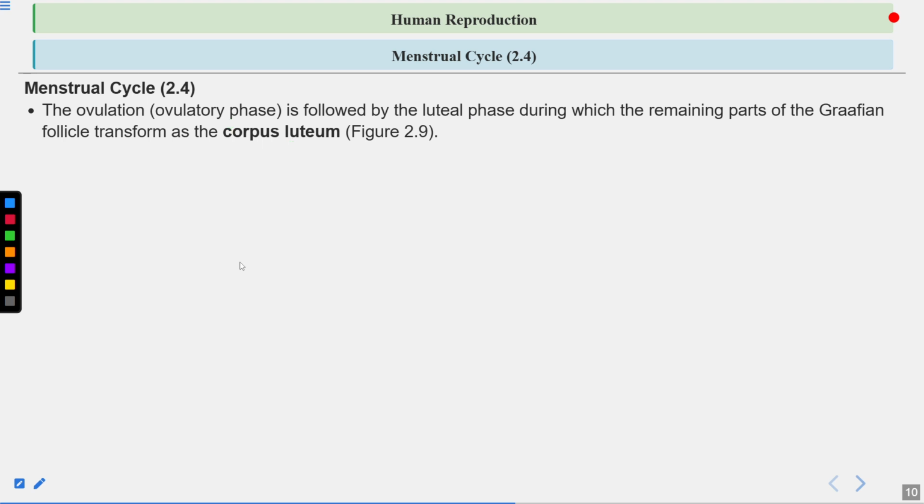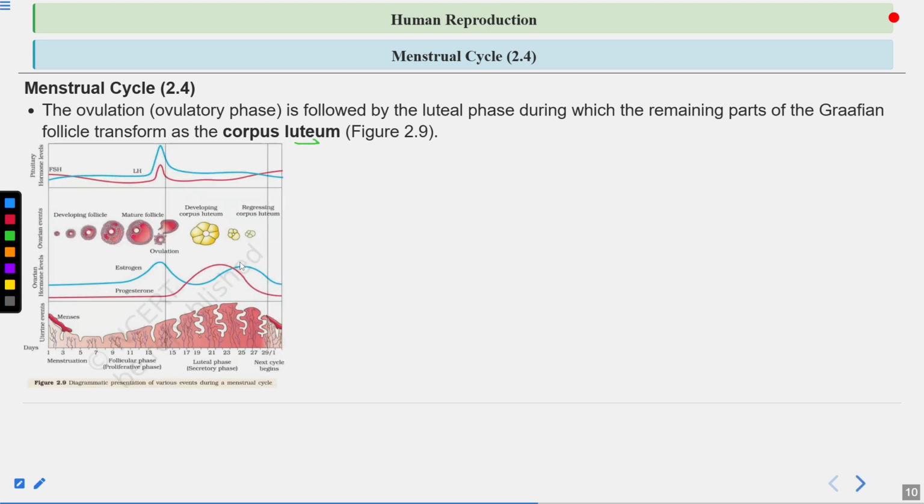The corpus luteum acts as a temporary endocrine gland because it secretes progesterone. Progesterone helps to maintain the endometrium. As long as the endometrium is maintained, there will be no menstruation.